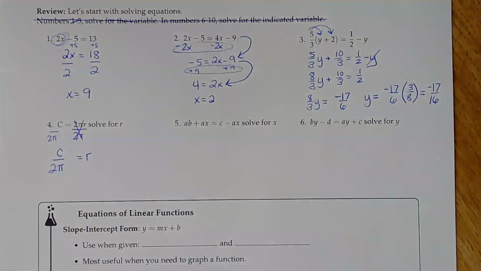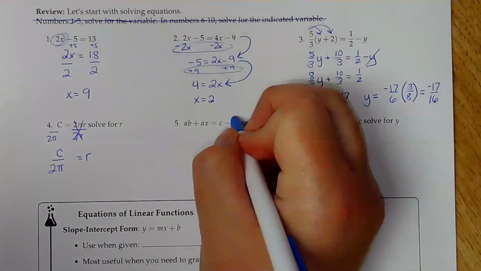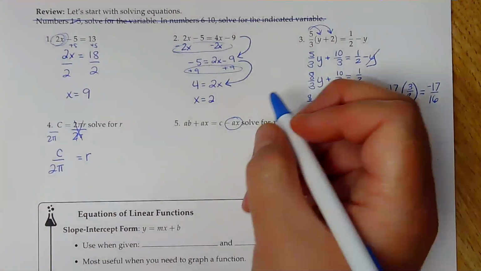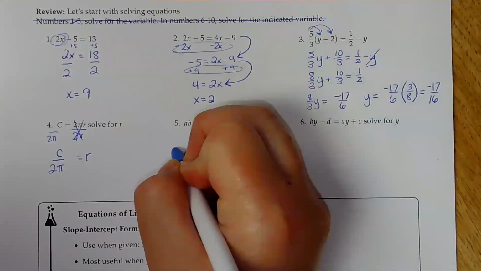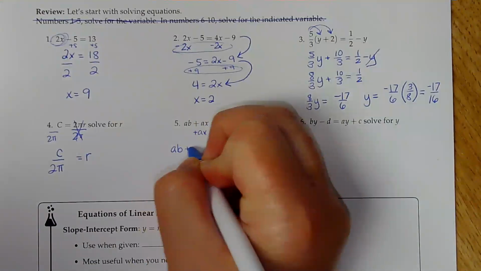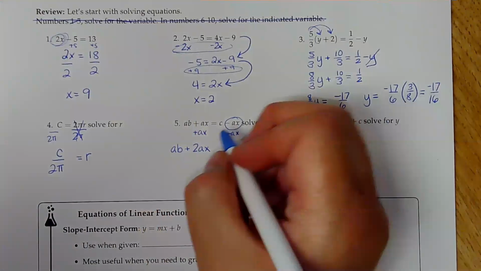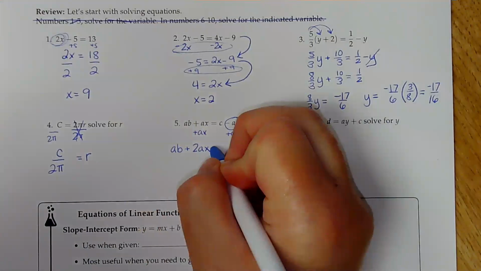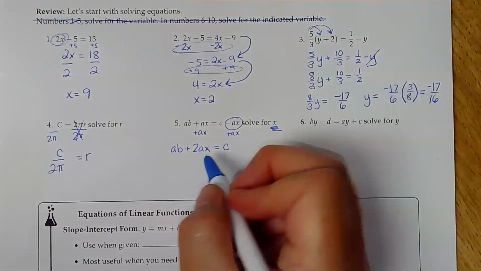All right, at number 5, I am solving for x. So I want to put all the x's on the same side. I'm going to take this -ax, so I'm going to add ax to both sides. That gives me ab plus 2ax is equal to c. Remember, I'm solving for x. So here's where my x is.